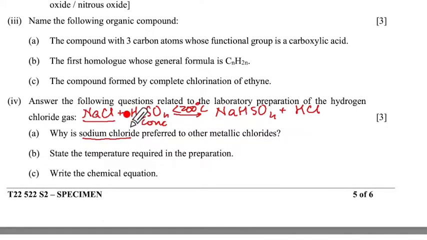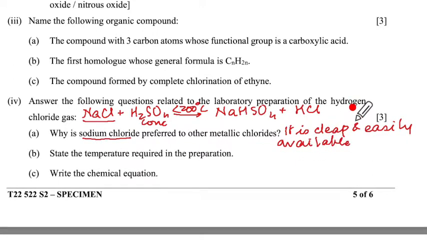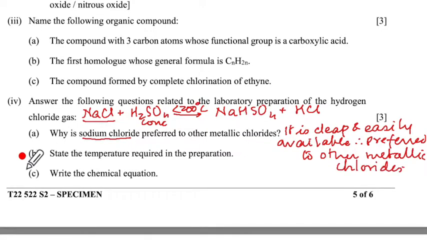Why didn't they take copper chloride? Why didn't they take KCl? Obviously, because sodium chloride is cheap and easily available. So you will say that it is cheap and easily available. When it is easily available, our production cost is going to be less. Correct? So it is cheap and easily available, therefore preferred to other metallic chlorides.